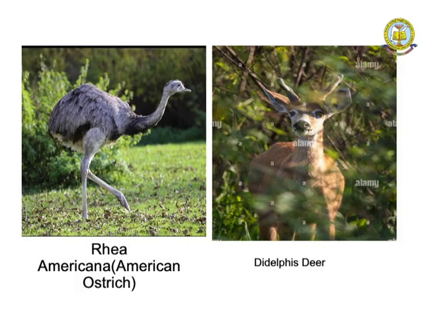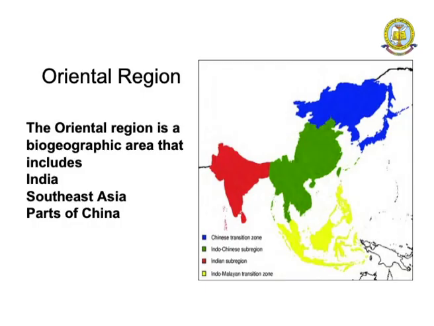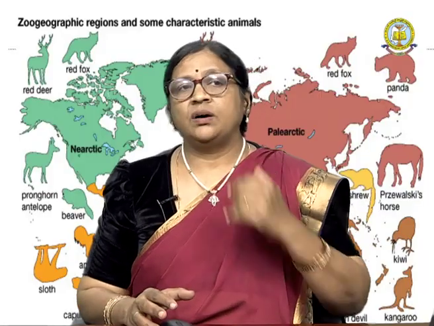And when we come across the third, the Oriental region, these are the regions comprising the Indian subcontinent, and then Southeast Asia, China, and these regions have characteristically tropical climatic conditions, and many parts of this region have animals adapted to these conditions, where the temperature is a little hot in Southeast Asia.